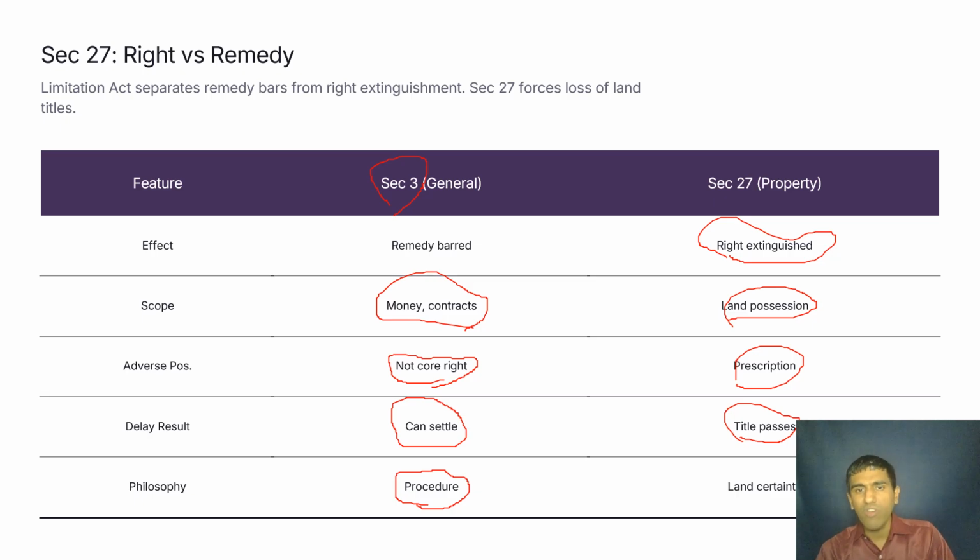Under section 27, it is mostly about certainty of land, ensuring that you take charge of whatever land rightfully belongs to you from people illegally staying on it. Essentially, section 27 ensures that you take possession of land very seriously.